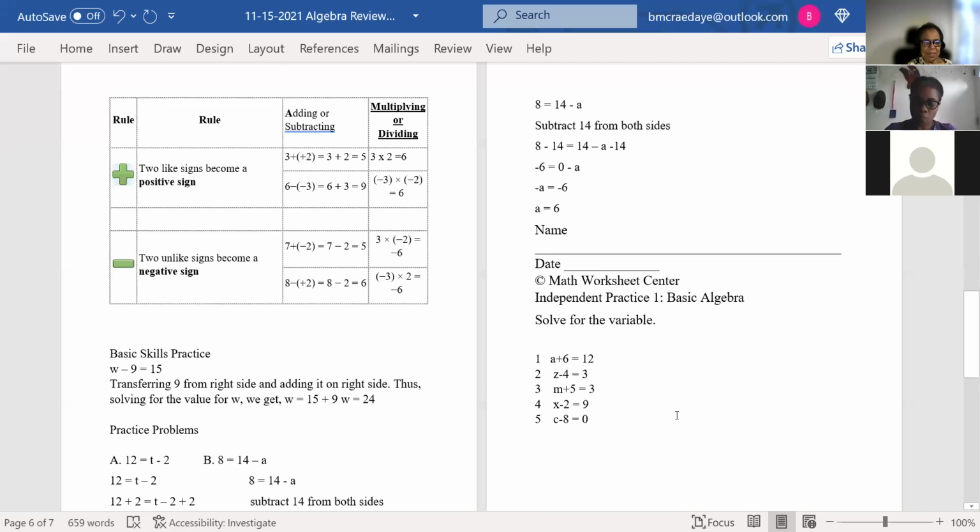A plus 6 equals 12, Z minus 4 equals 3, M plus 5 equals 3, X minus 2 equals 9, C minus 8 equals 0.